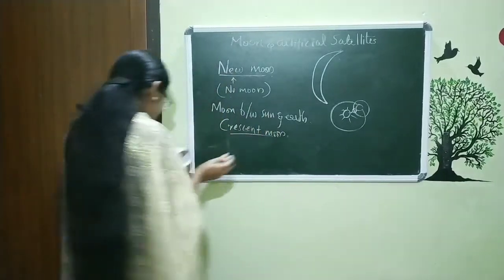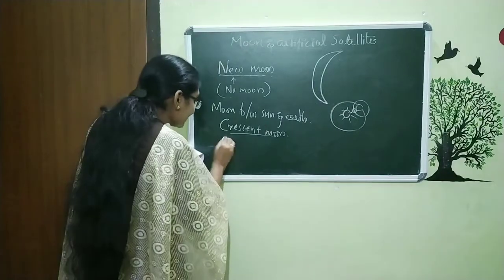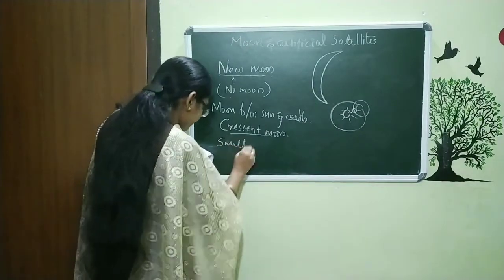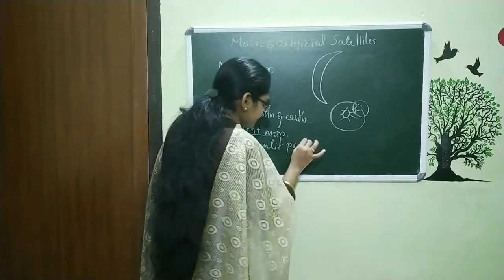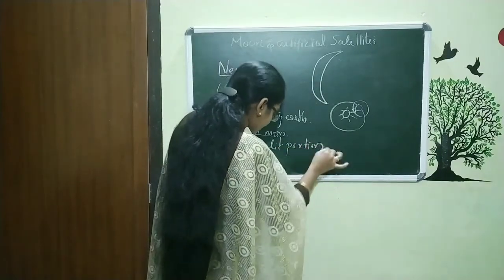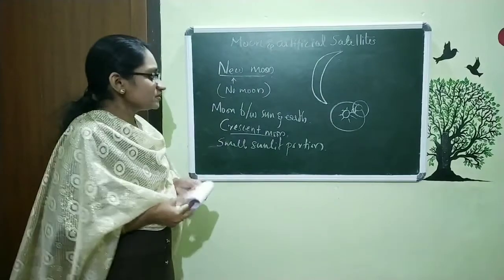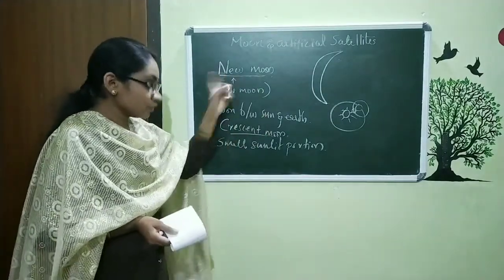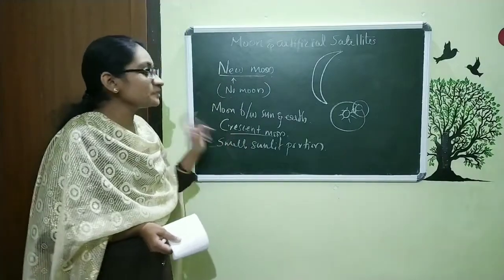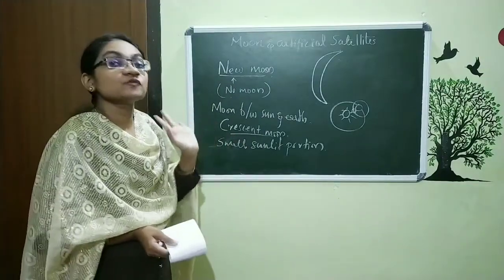For the crescent moon we can see a small sunlit portion. Sunlit portion means we can see a small piece of moon. So, new moon, no moon is there. Crescent moon means we can see a small region of moon.